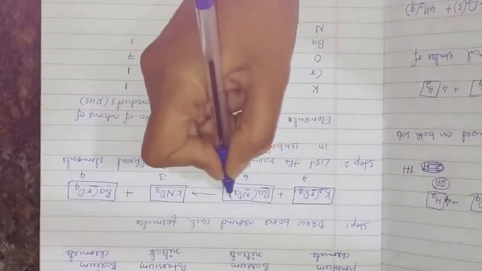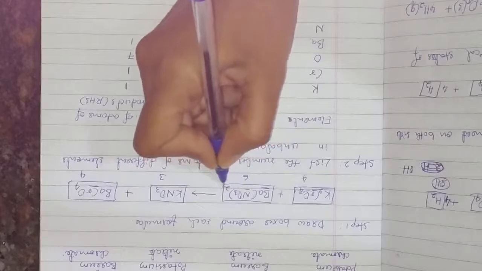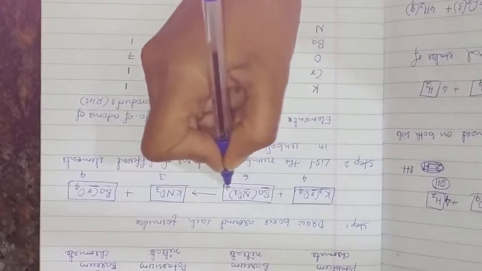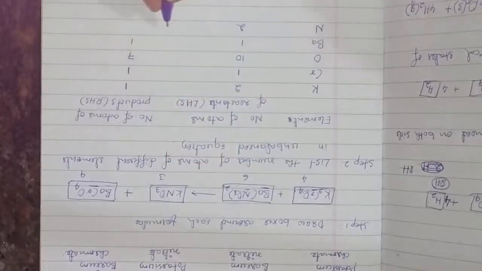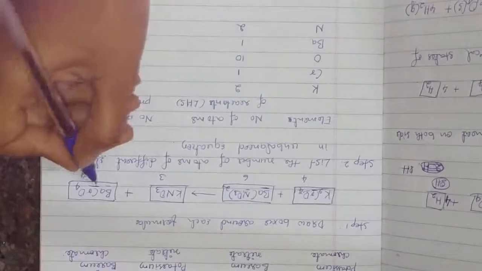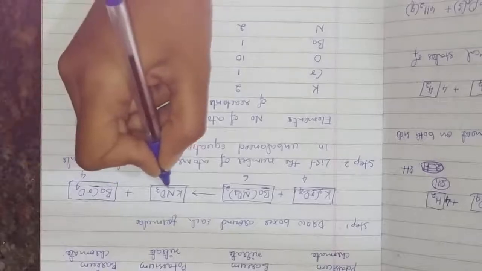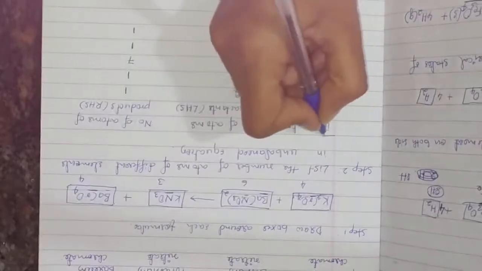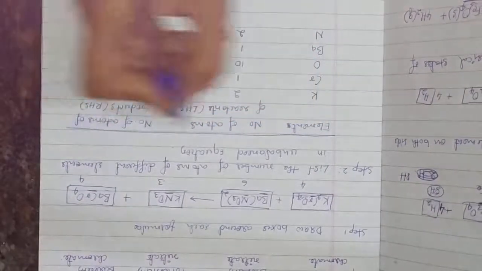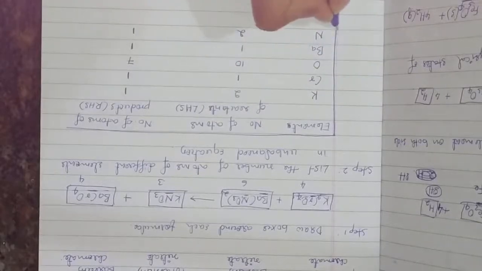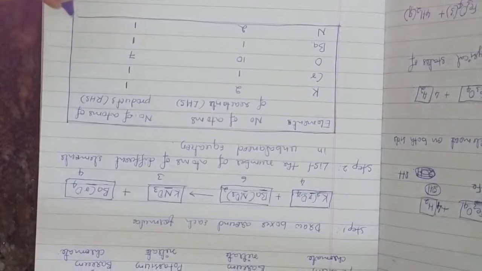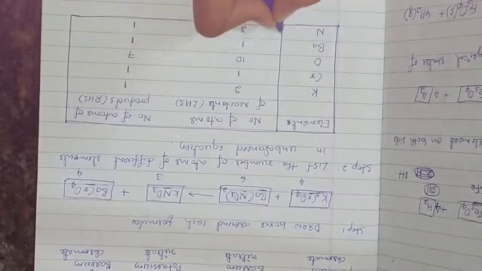This is whole bracket 2, therefore 1 into 2 is 2. 2 nitrogen atoms are there on the product side. See here, only 1 nitrogen is there on the reactant side, therefore we will write 1. So in the second step we have listed the number of different elements on the reactant side and product side.